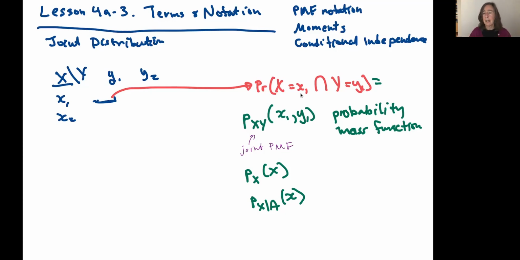Sometimes context will let you know. For example, if I was concerned that people might misinterpret what I was saying, I might write this as P_XY, random variable X equals x1, random variable Y equals y1.